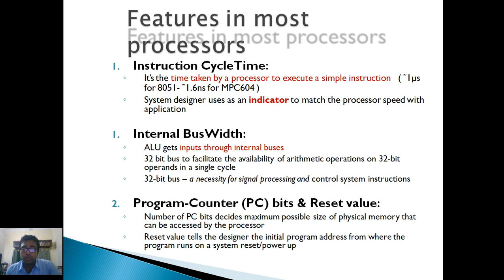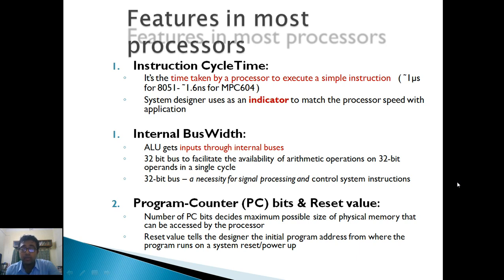This is the program counter. The number of program counter bits decides the maximum possible size of physical memory that can be accessed by the processor. The reset value tells the designer the initial program address from where the program runs on a system reset.